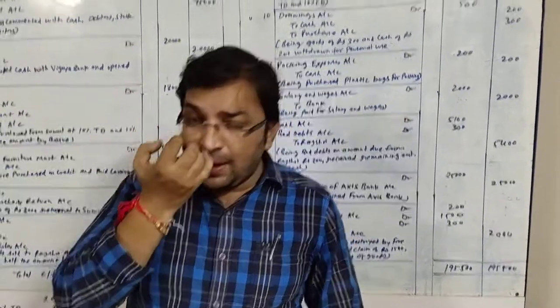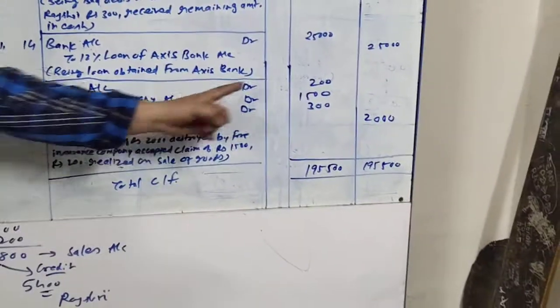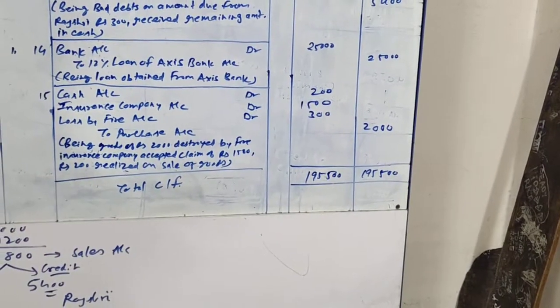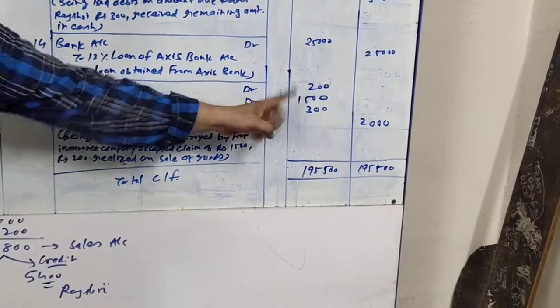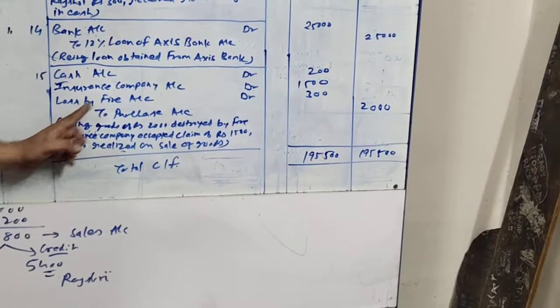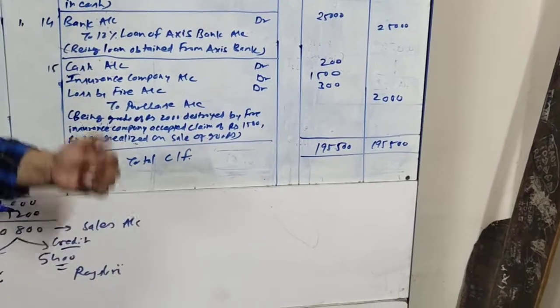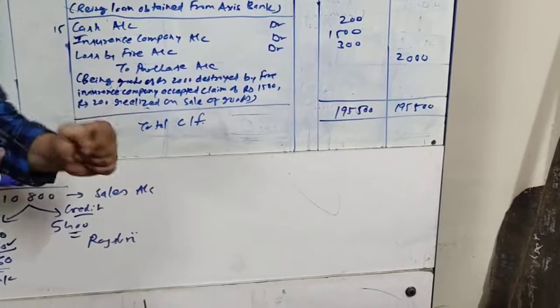So here the entry is cash account debit 200, we received cash of rupees 200. Okay, loss is 300, right? And insurance company account debit 1,500, loss by fire account debit 300, to purchase account 2,000. Cash comes in, so debited.